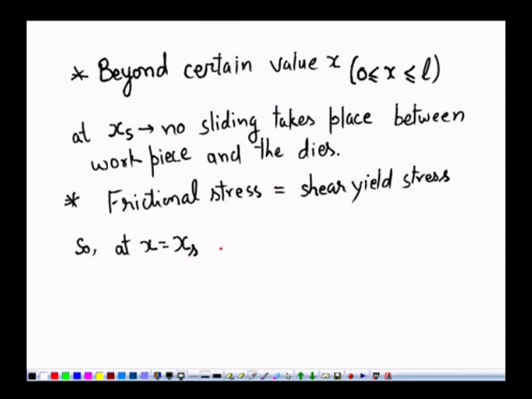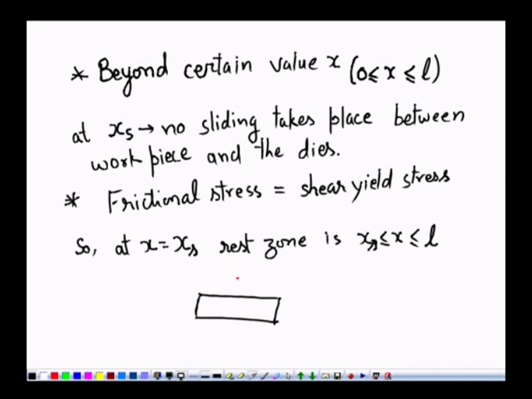and the rest zone is xs less than or equal to x less than or equal to L. So, finally, here we have a material that is the deformed one.